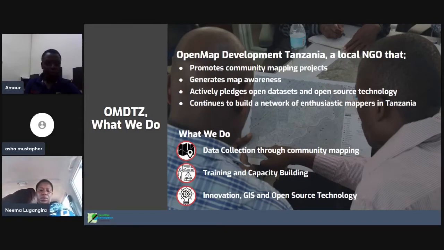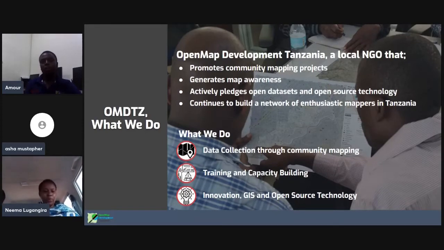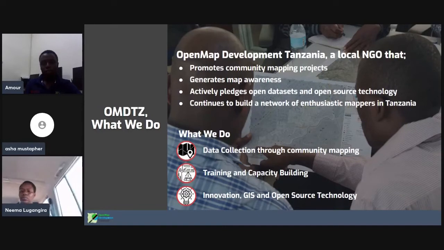also local government authorities. The other part which we do is innovation in combination with GIS and open source technology. OMDTZ believes in using open source tools. That's why we're focusing more on these open source technologies.